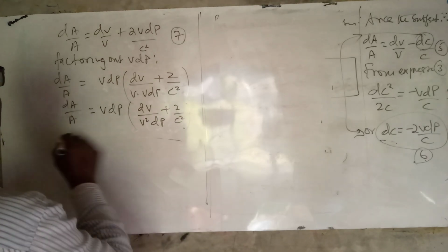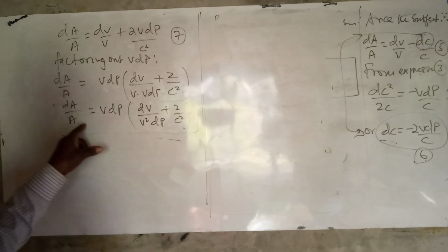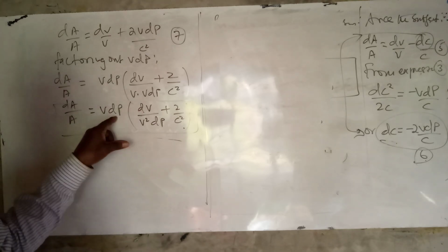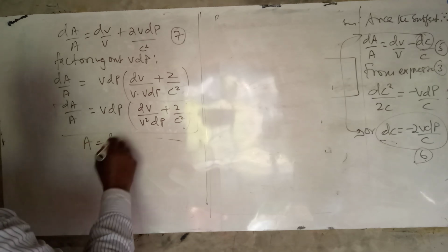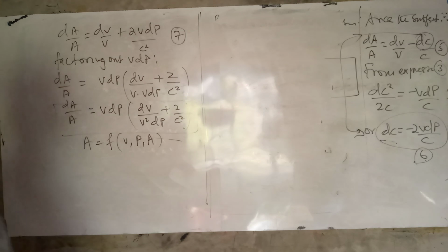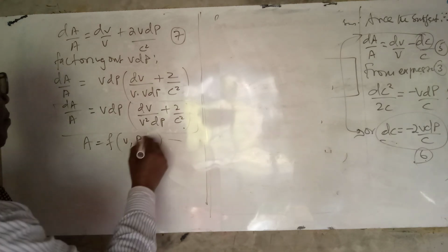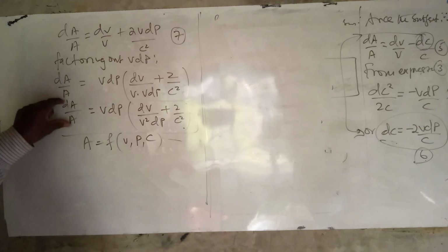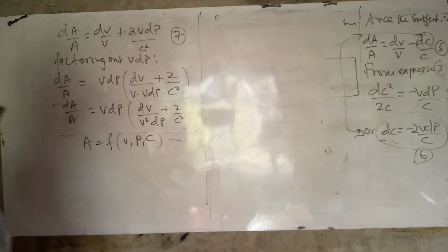This is a very important expression relating area to the specific volume, pressure, and velocity. So this expression relates the change in area for the flow to the specific volume, pressure, and the velocity.